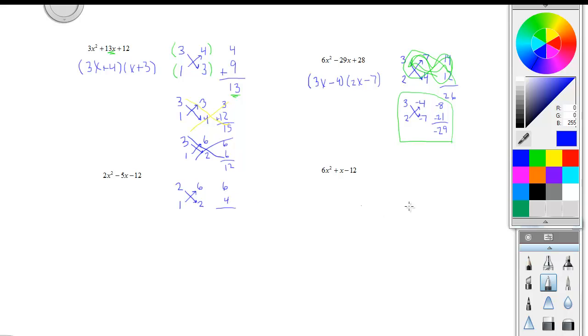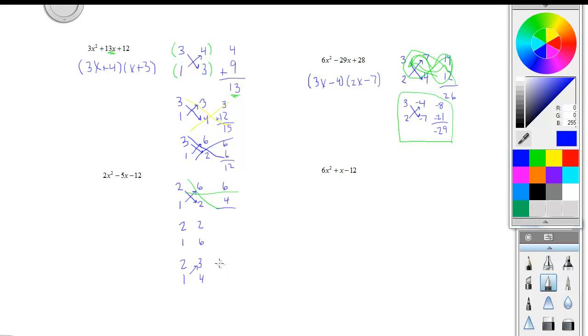So I know this one is out. So how about if I try 2 and 1 and 2 and 6? That will be 12 and 2, which also won't give me 5. And then I can try 2 and 1 and 3 and 4, which is 8 and 3. So that one I think is going to work.